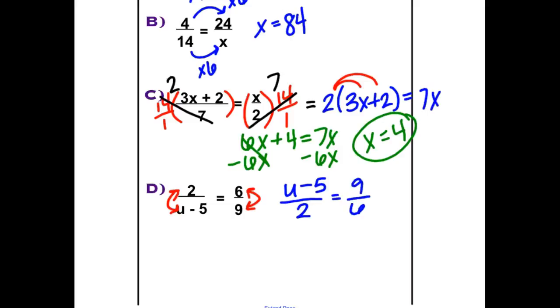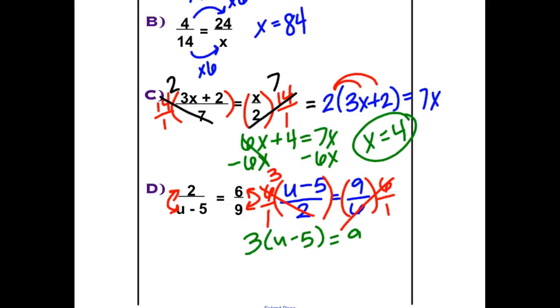Now I can say, okay, what can 2 and 6 both go into? Well, they can both go into 6. So I'm going to multiply both sides by 6 over 1. And 6 divided by 6, gone. 6 divided by 2, that's 3. So now I've got 3 times u minus 5 equal to 9.